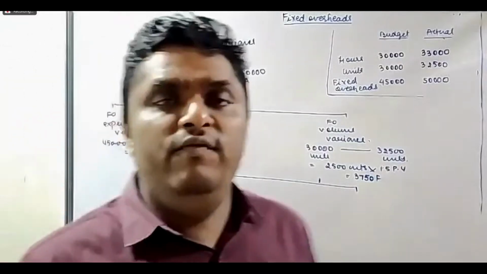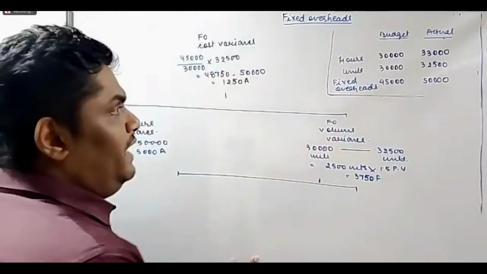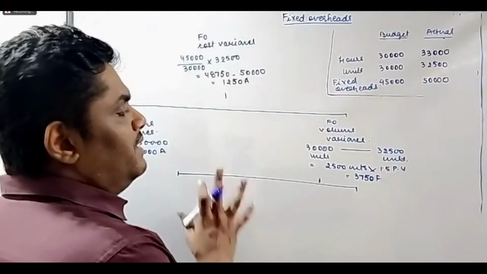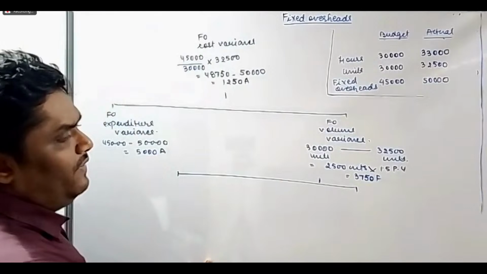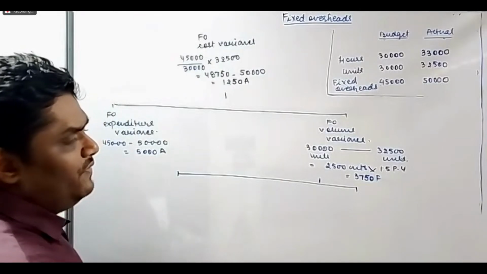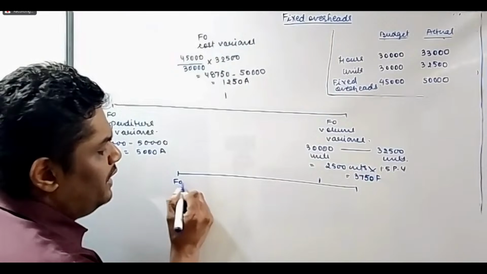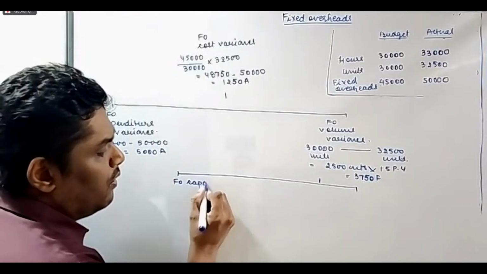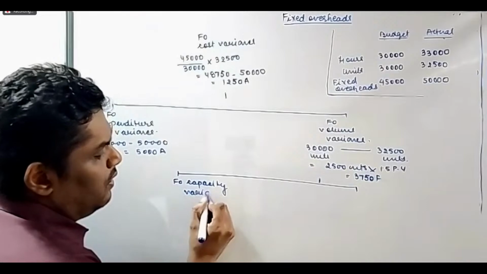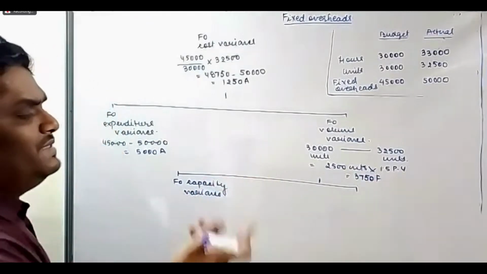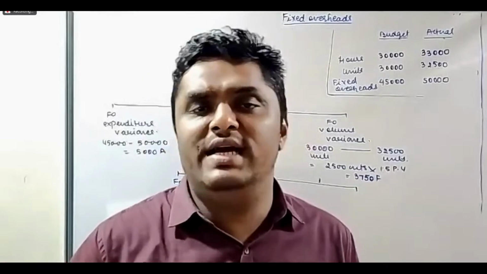Now, guys, very important, the calendar variance will not be calculated since days are not given. So calendar variance we can't calculate since days are not given. So we'll directly calculate fixed overhead capacity variance. And since days are not given, we will assume that the budgeted days and actual days are same.